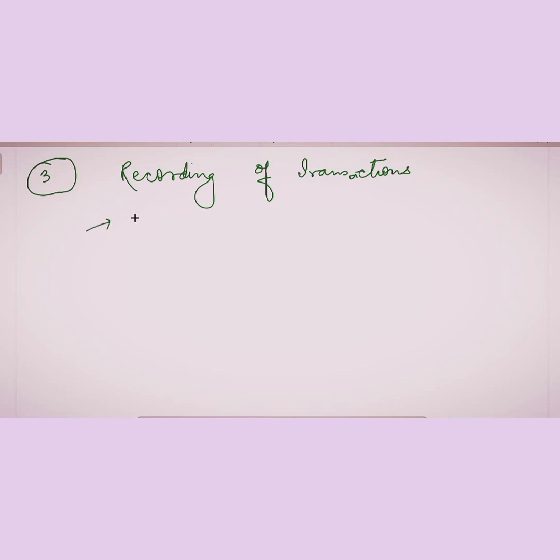Only the financial transactions, financial in nature, and second, monetary terms. Okay, if these two natures are satisfied, then only that transaction will be recorded in the books, and that book is known as journal, right? This is the third step.